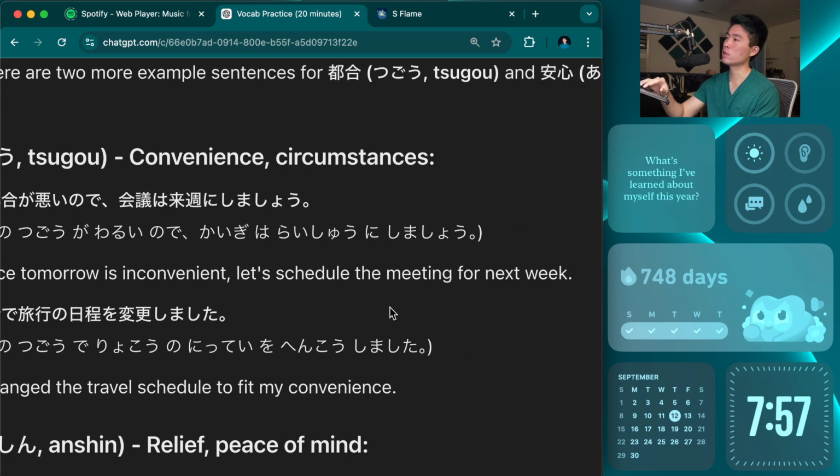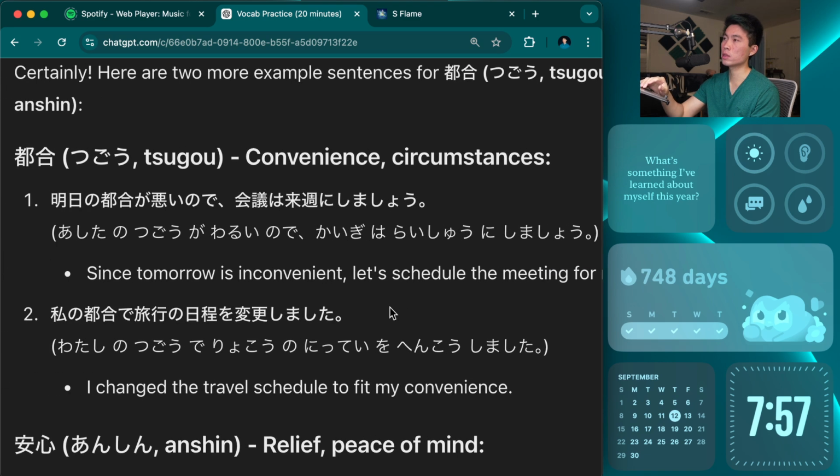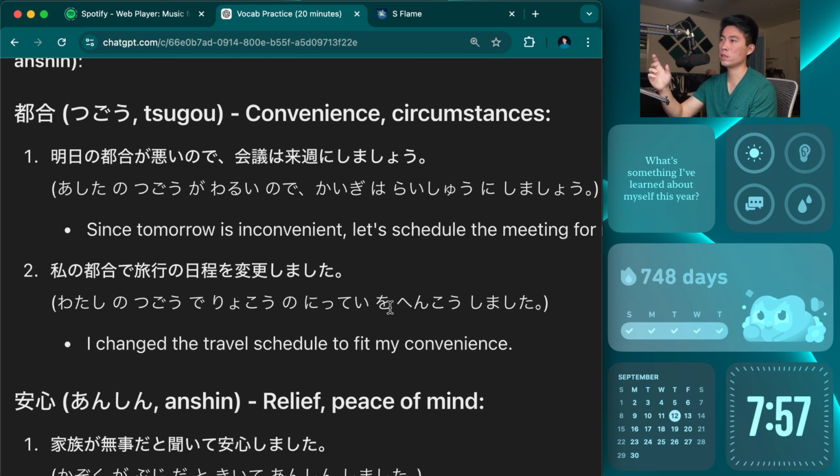Since tomorrow is inconvenient, let's schedule the meeting for next week. Okay, I can see that now better. 都合 or convenience. 私の都合で旅行の like I keep forgetting that this is 都合.